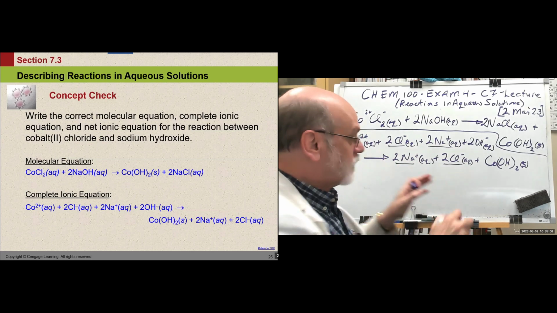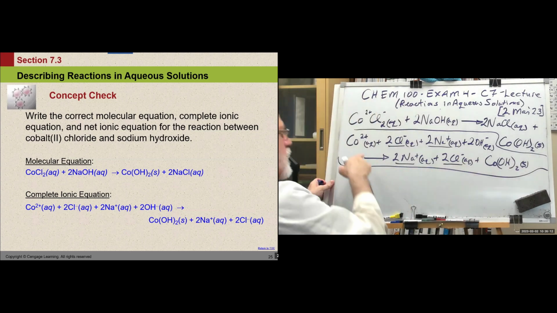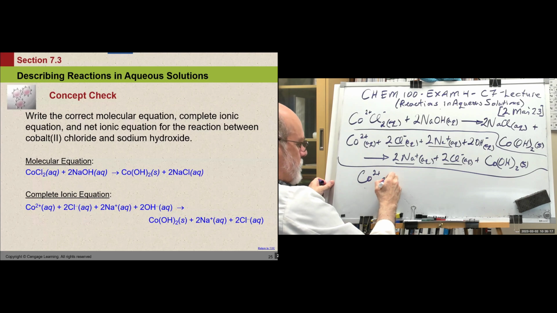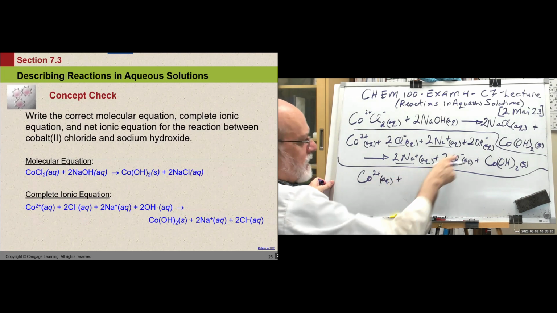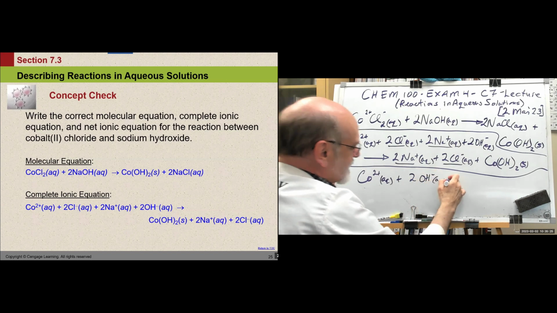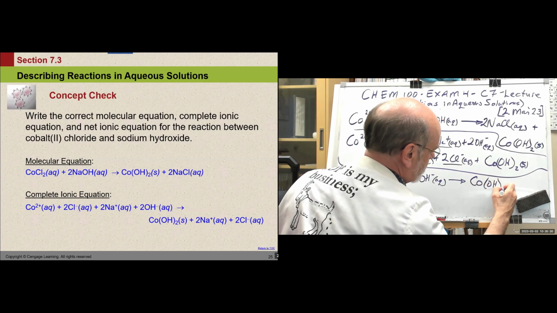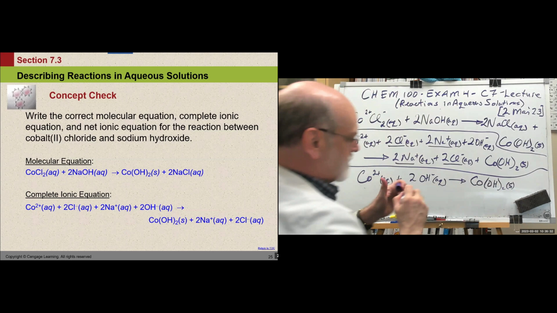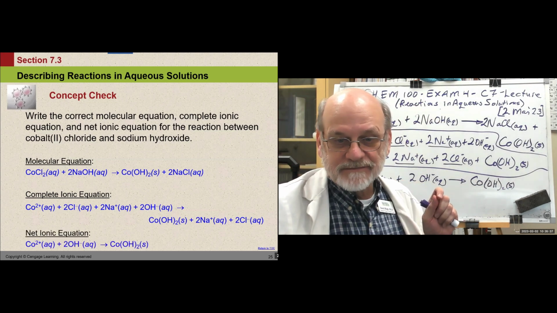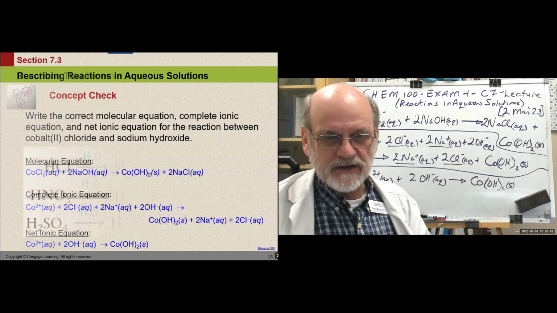And what's left over? What's left over is cobalt 2+ plus hydroxide yields this compound, the precipitate. That's your net ionic equation. All right. Fairly simple. Just got to be methodical about it, step by step.